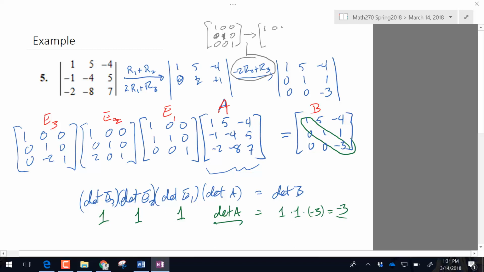So 1, 0, 0, 0, 1, 0. Now I multiply row 2 by -2 and then add it to row 3. I get 0, -2, and 1. So if I take this matrix and literally multiply it like this, I would get this reduced form.